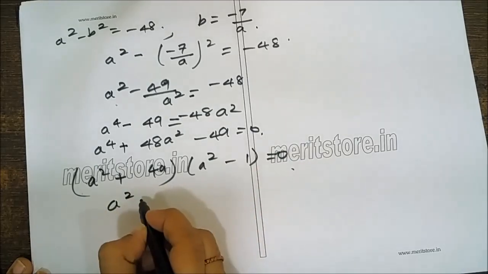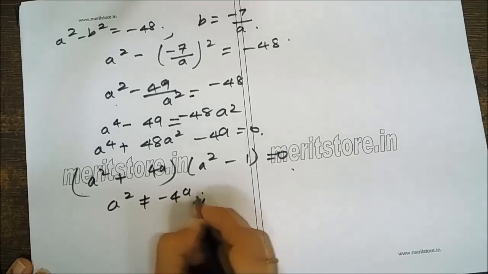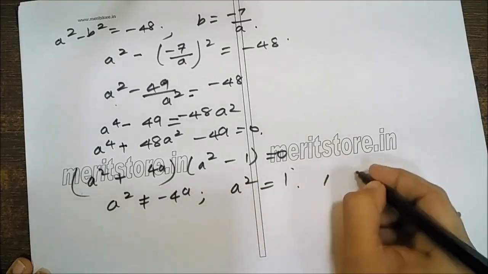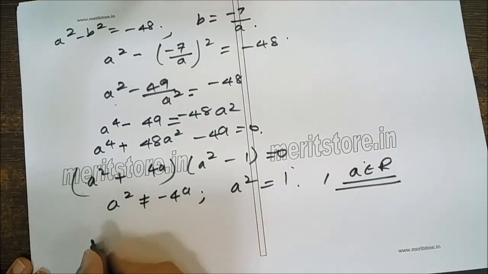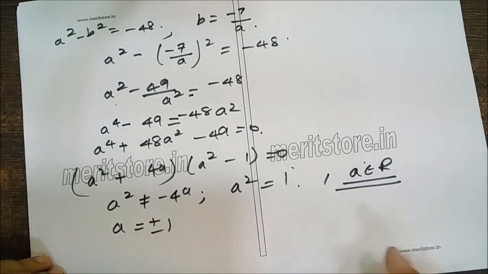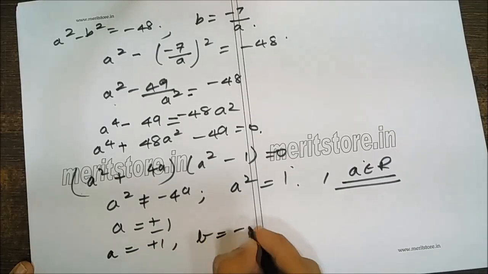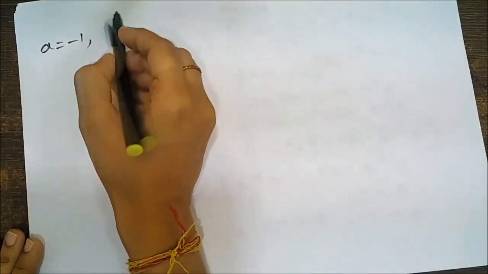So a square is not equal to minus 49, and a square will be equal to 1, because a has to belong to real numbers and cannot be negative. So a is either plus or minus 1. If a is plus 1, b is minus 7 upon 1, that is minus 7, and if a is minus 1, b is 7.